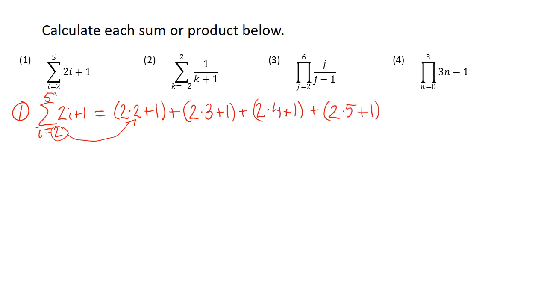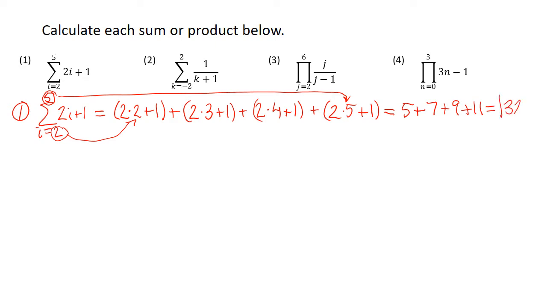That's the last one that goes here. Then you just add that up. That is 5 plus 7 plus 9 plus 11, which is, 9 plus 11 is 20, 32. So it's a 32.